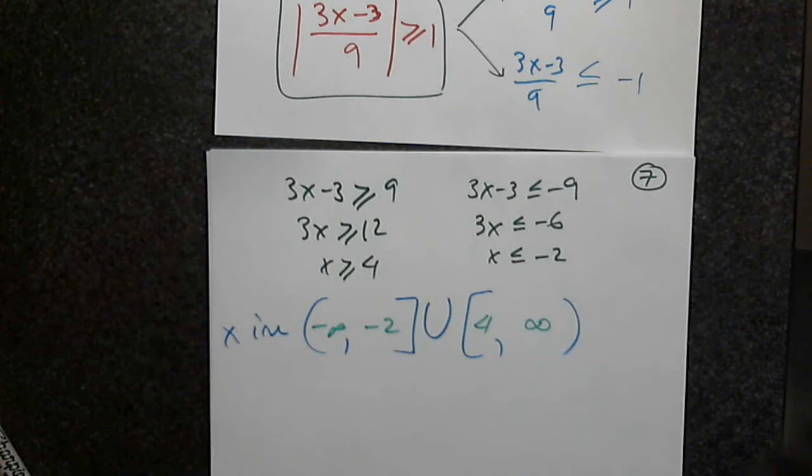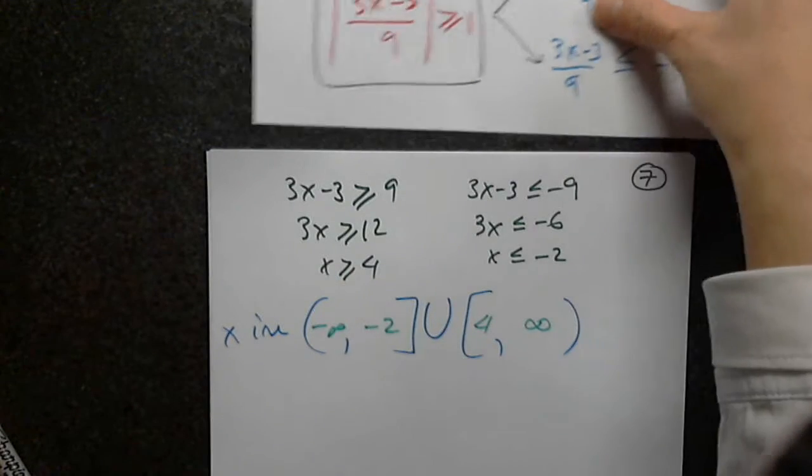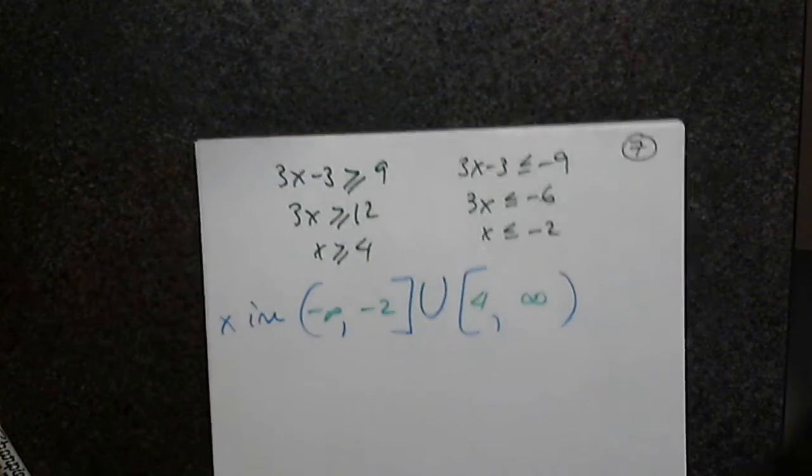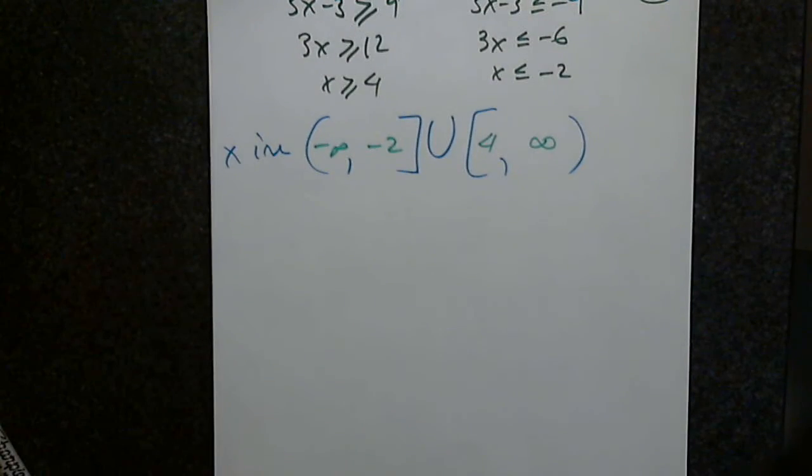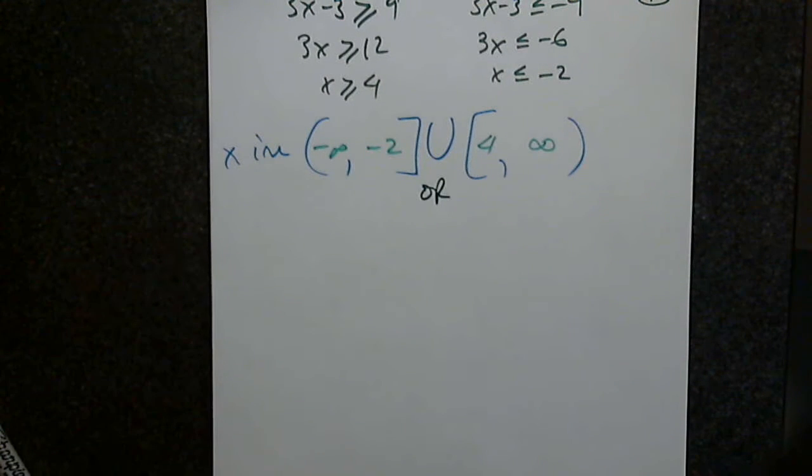That's all it means. So the union symbol replaces the conjunction or. If you're looking for solutions, you should be looking to the left-hand side of -2 or to the right of 4. You will find solutions. But if you look between -2 and 4, there will not be solutions.